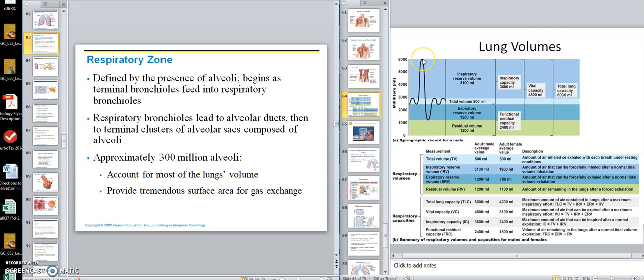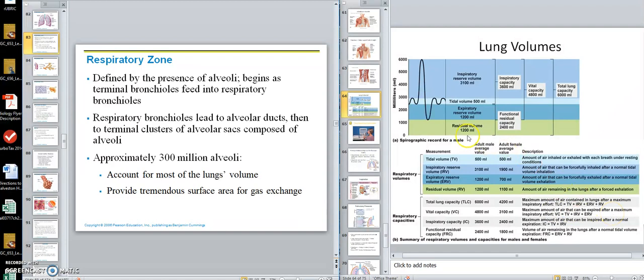Now you breathe everything you can out, which would be inspiratory reserve, tidal, and expiratory. That's all you could do because you keep this in. That's what we call your vital capacity, the maximum air that can be expired.